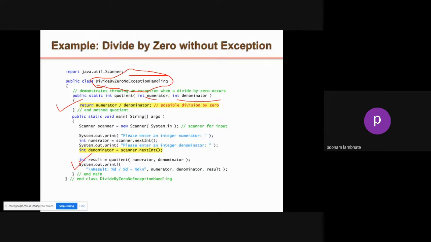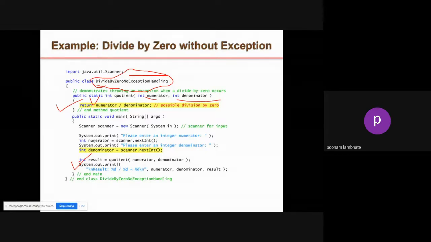I'm passing the parameters. And one more thing, since this quotient method is static, without creating an object I can access this method. That is why I have not created an object over here. But suppose quotient was not static, it was a normal method, static keyword was absent, then I had to create an object and then obj.quotient.